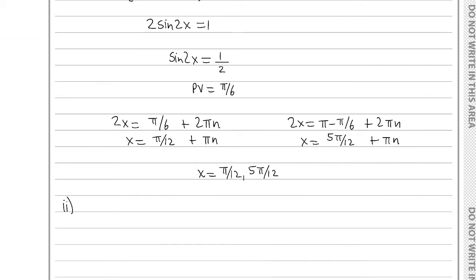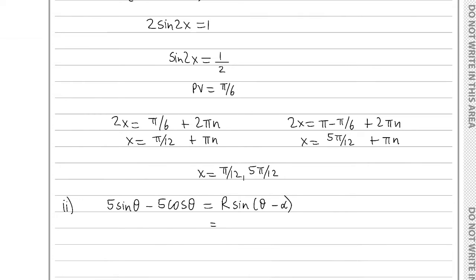The second question, we have 5 sine theta minus 5 cos theta is 2. What we could actually do is propose that there are values for r and alpha for which we can collapse 5 sine theta minus 5 cos theta into r sine of theta minus alpha, where alpha is an acute angle between 0 and 90 degrees.